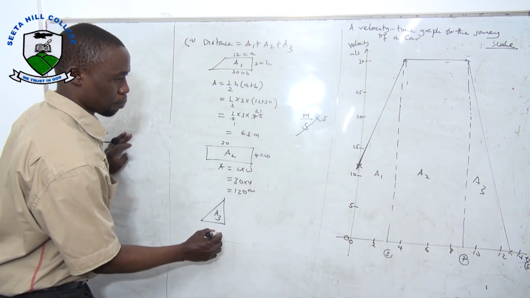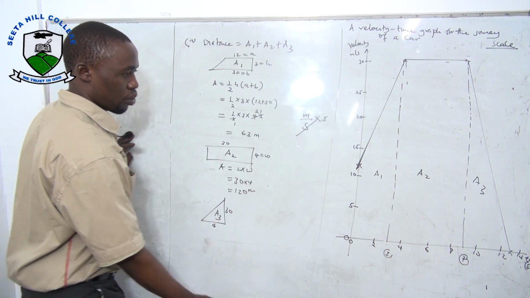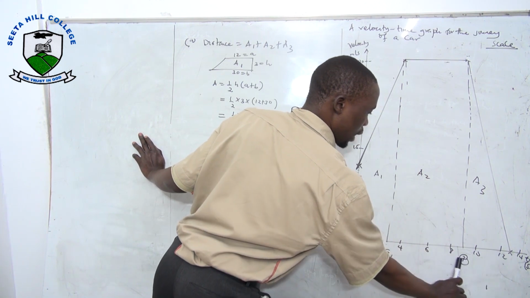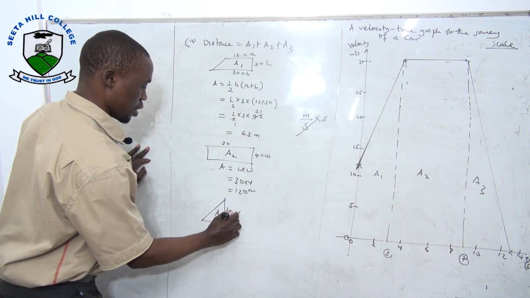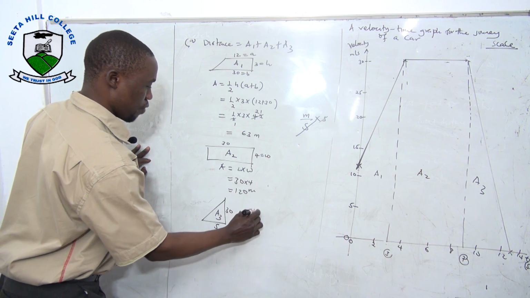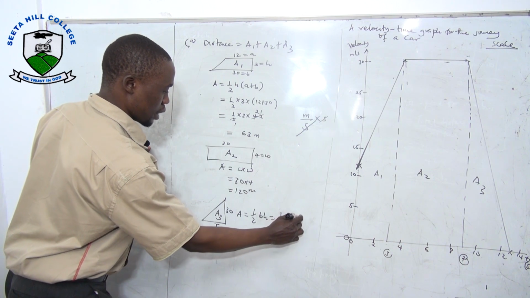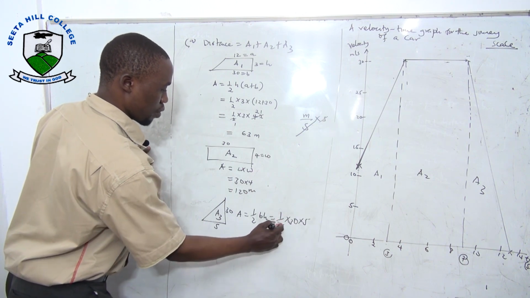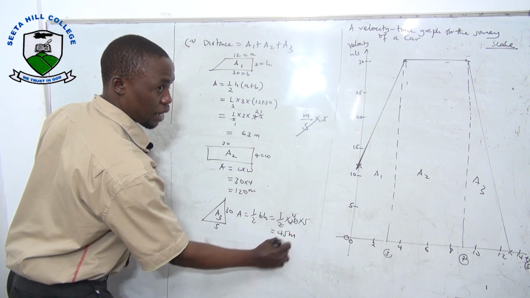Base is 5. You are subtracting 13 minus 7. That's very good. Area is a half base height, which is a half times 30 times 5, that gives you 75 meters.